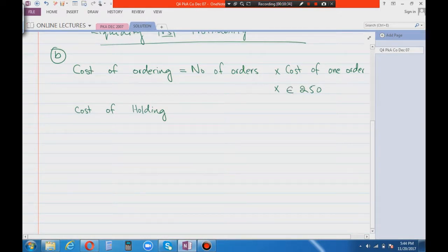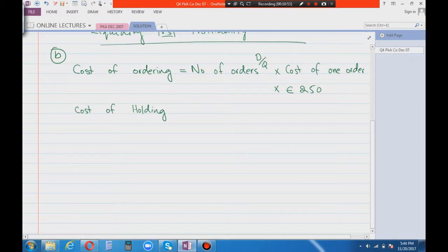And number of orders, we are not given, but if you use the formula demand divided by quantity, it will give you number of orders.